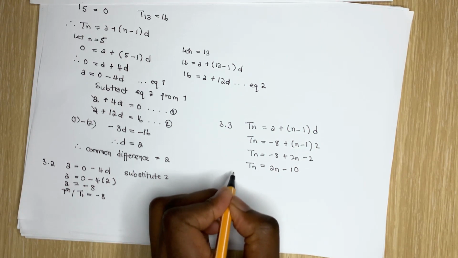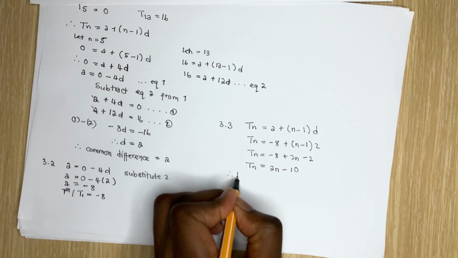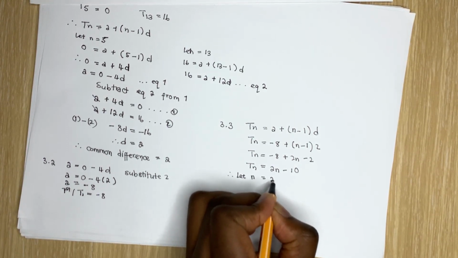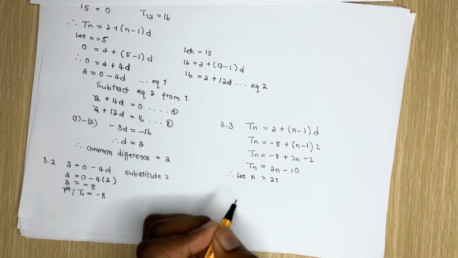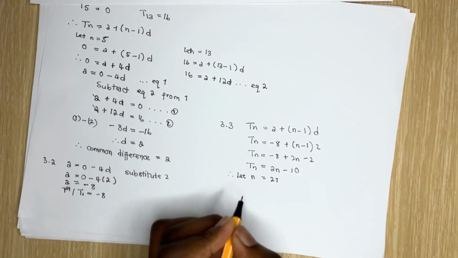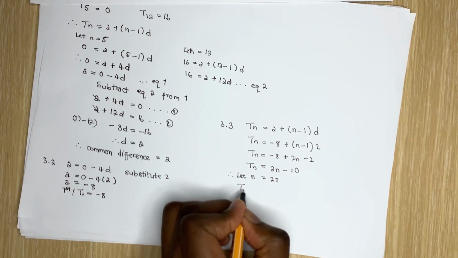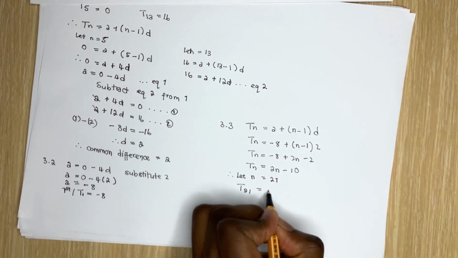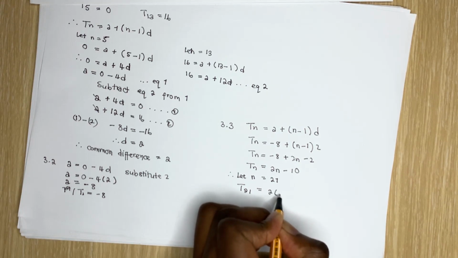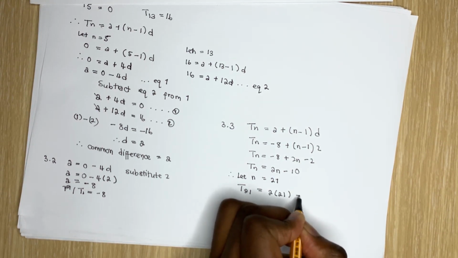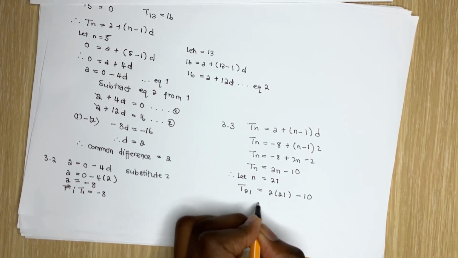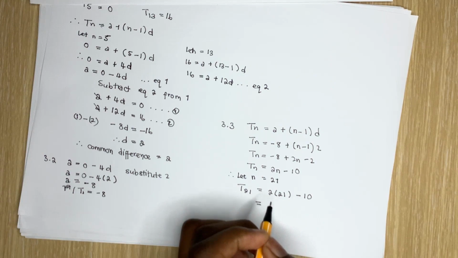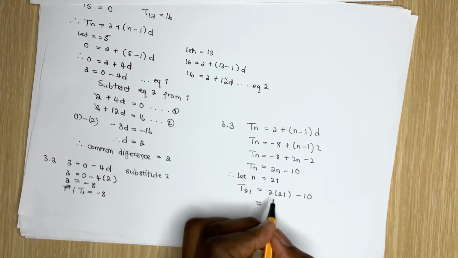Now we're going to let n equals to 21, since they want us to calculate the 21st term. So T21 is going to be equal to 2 times 21 minus 10. And if we calculate that, what you're going to get is 32.